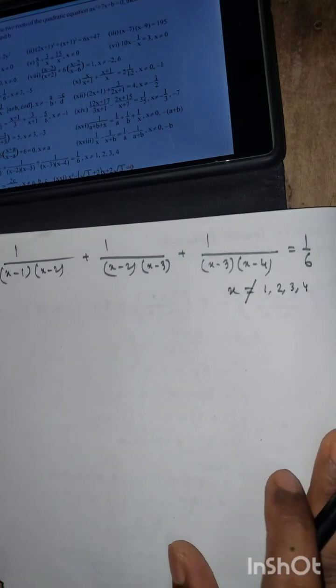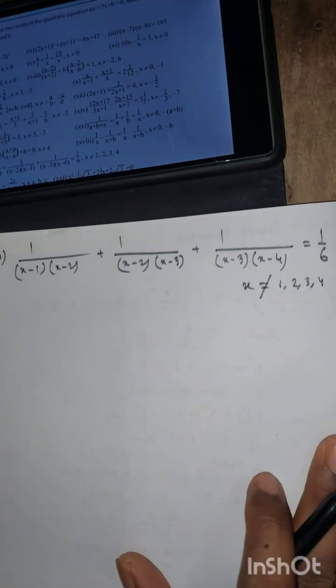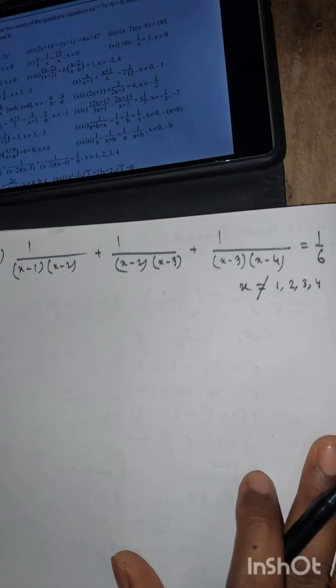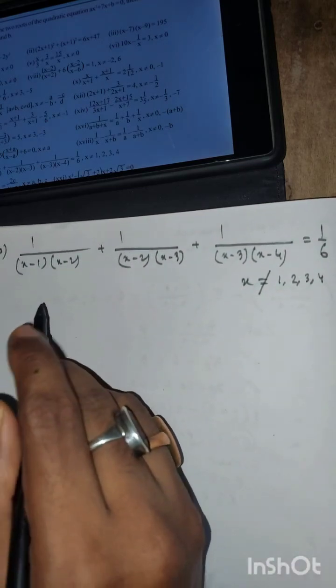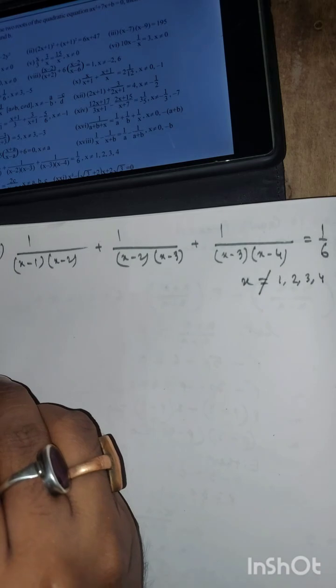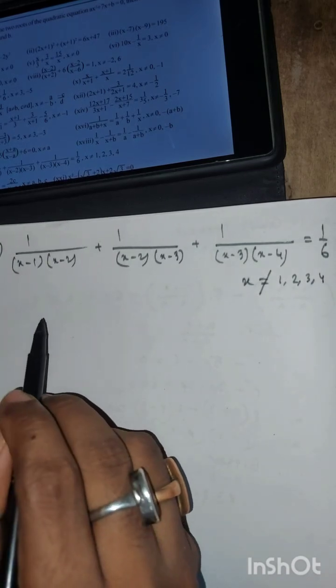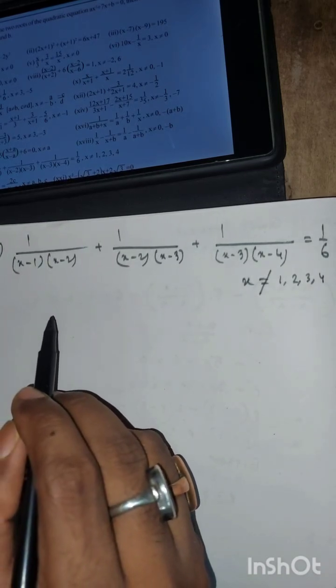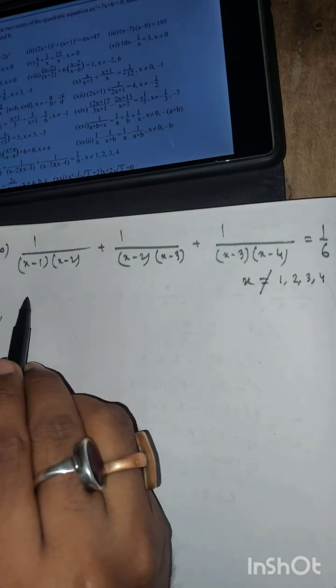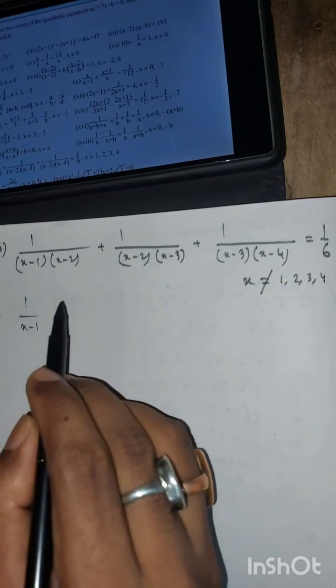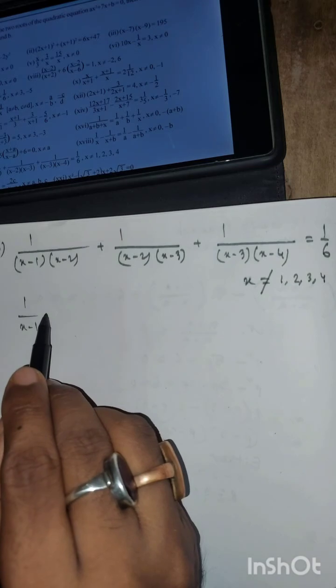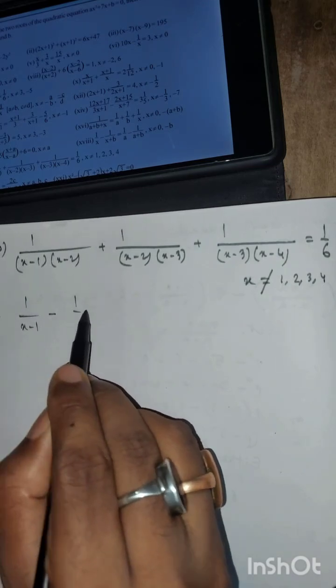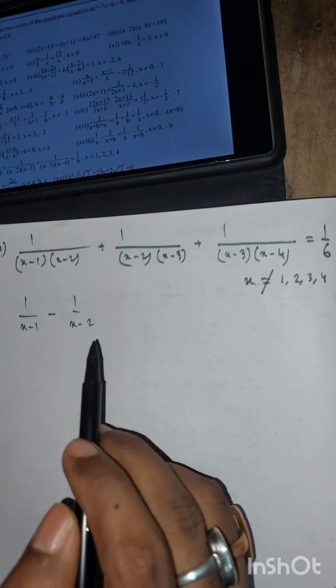Okay, now let us solve this question. We can write the first term as 1 by x minus 1 minus 1 by x minus 2.